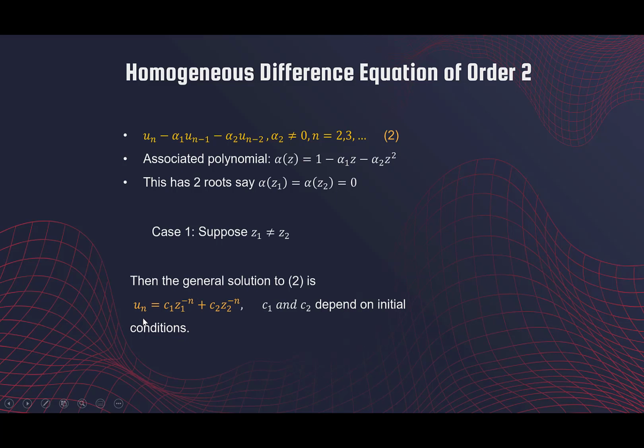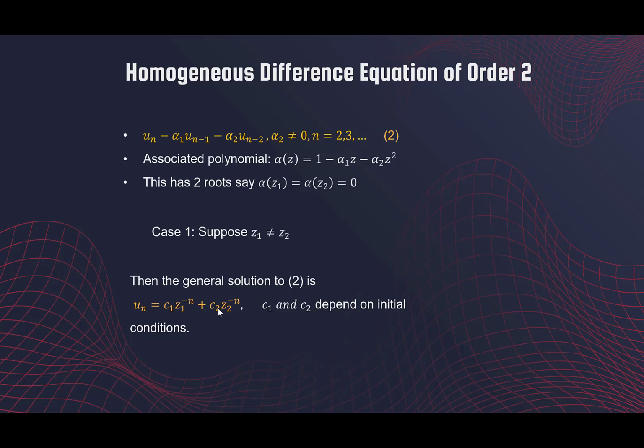So un is going to be c1 times z1 raised to minus n plus c2 times z2 raised to minus n. Again, we can see that c1 and c2 depend on initial conditions, and z1 and z2 are roots of the polynomial. So again here, the general solution depends on the initial conditions and the roots of the polynomial.